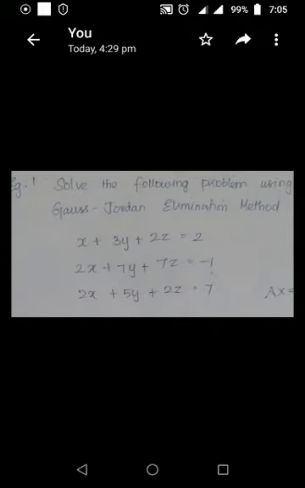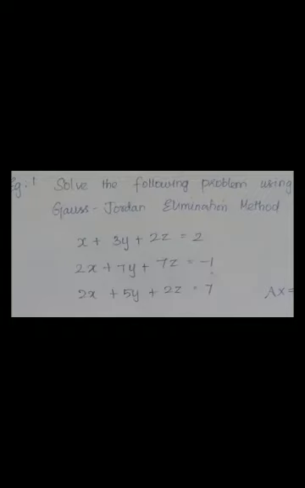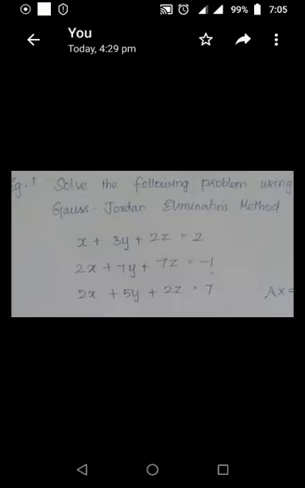There are three rows in the matrix: the first row is the first equation, the second row is the second equation, and the third row is the third equation. So we get the coefficients of x as 1, y as 3 and z as 2. For the second equation 2, 7, 7, and for the third equation 2, 5, 2.